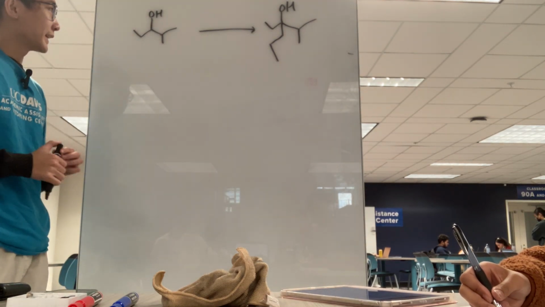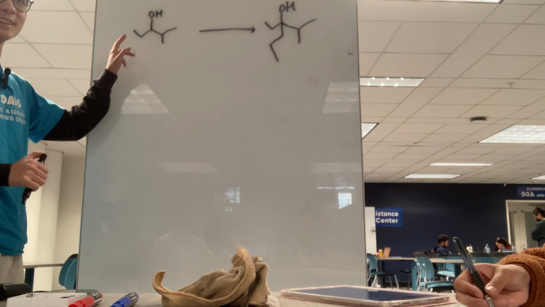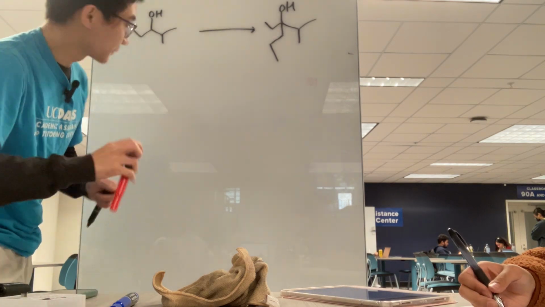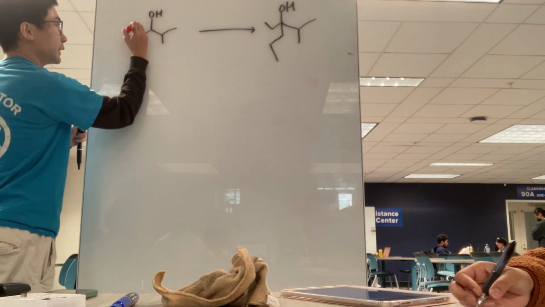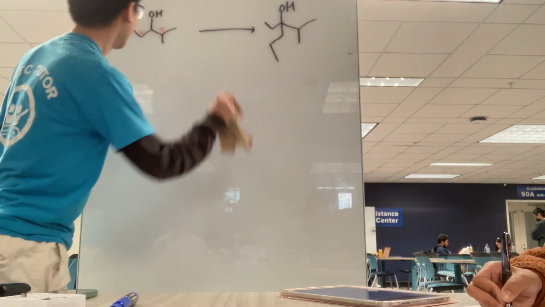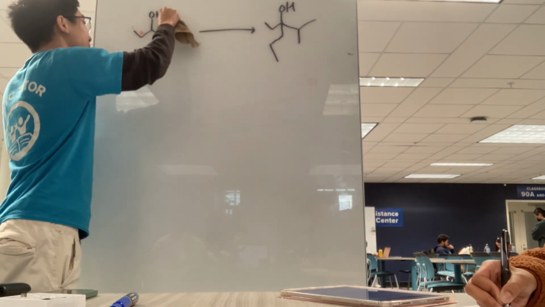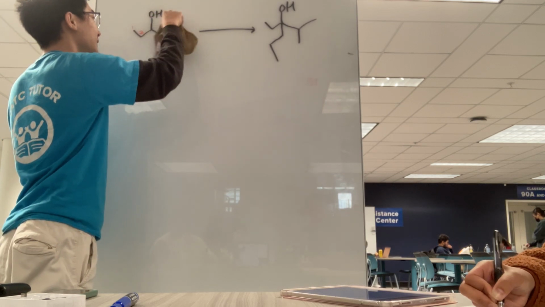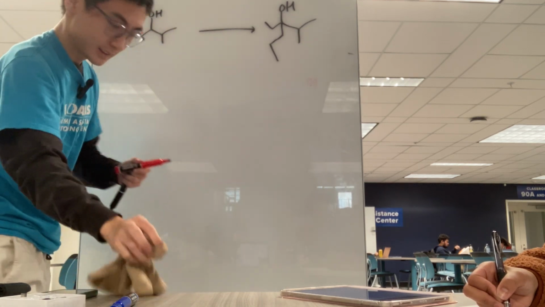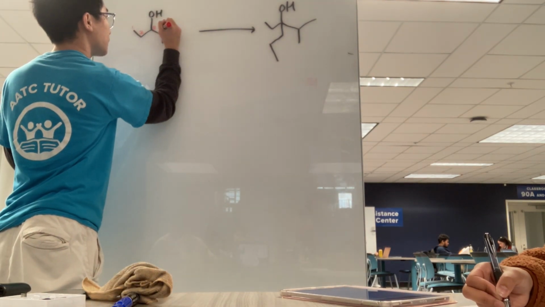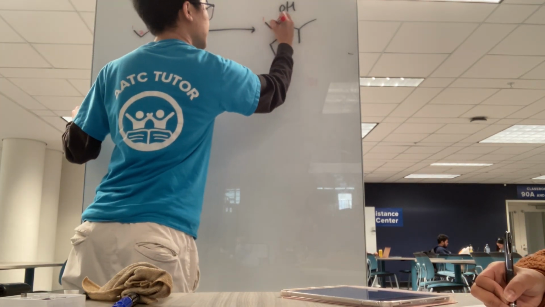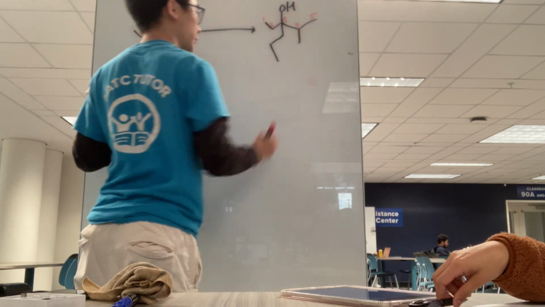What I like to start off with is to find the similarities between this reactant molecule and this product molecule here. So if you see this 1, 2, 3, 4, 5 carbon molecule there, that's going to be this 1, 2, 3, 4, 5 carbon molecule there, right?